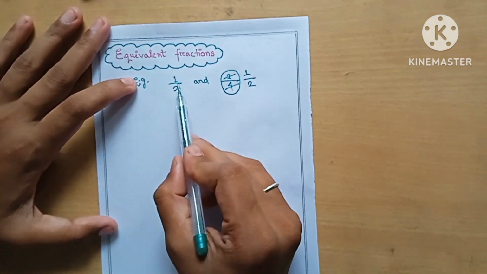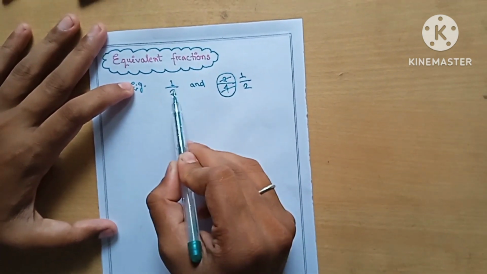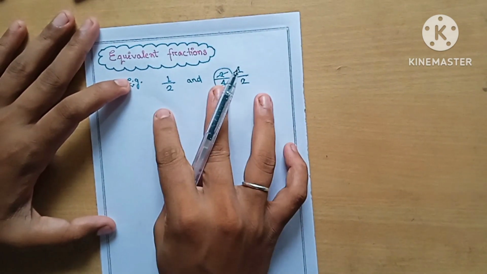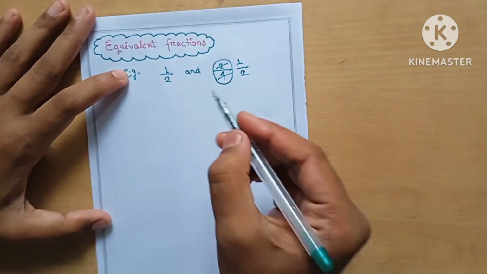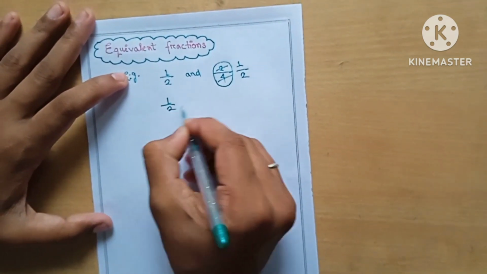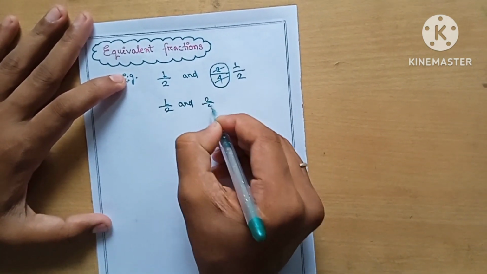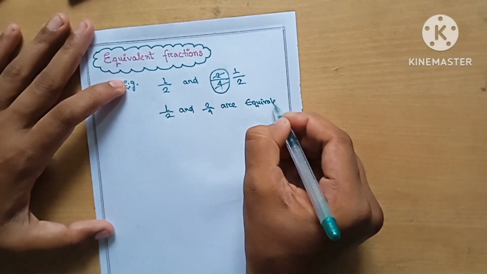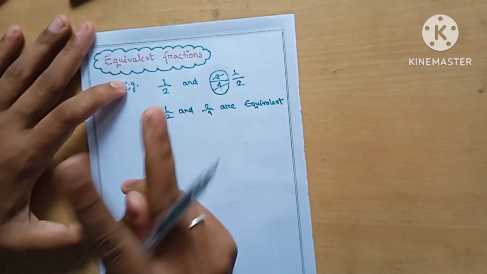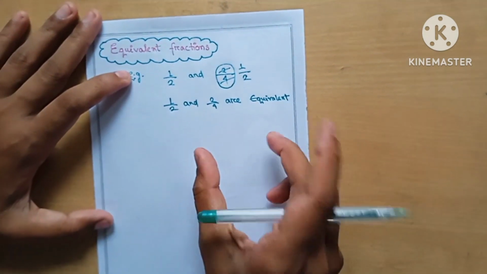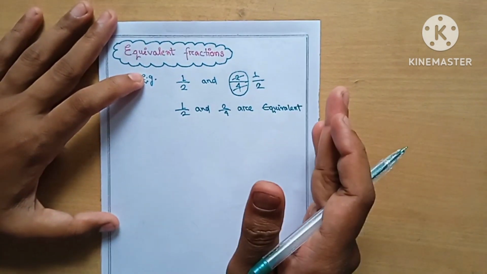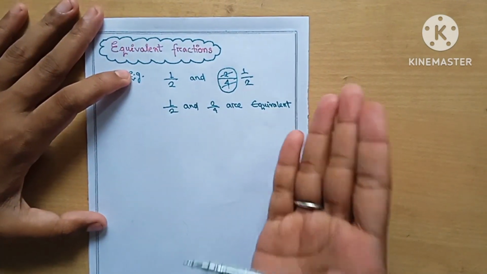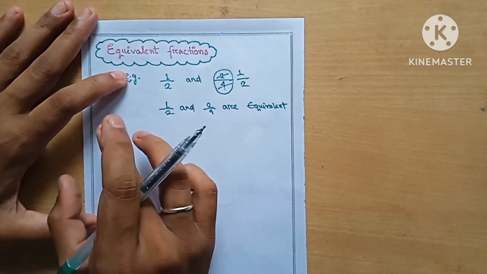Therefore, the simplest forms are similar, so we can say that 1 by 2 and 2 by 4 are equivalent fractions. Two fractions are said to be equivalent when the other fraction, converted into its simplest form, will be the same as the previous one.